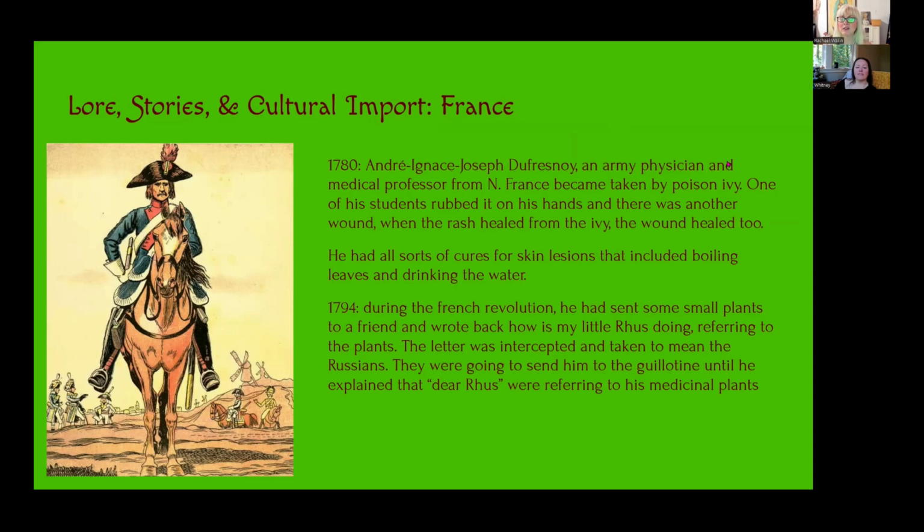And he wrote to the friend a letter and it said, how is my dear Ruth doing? Okay. And he was referring to the plants, okay? But the letter was intercepted and he almost went to the guillotine because they thought he was talking about the Russians. Dear Ruth was about the Russians.